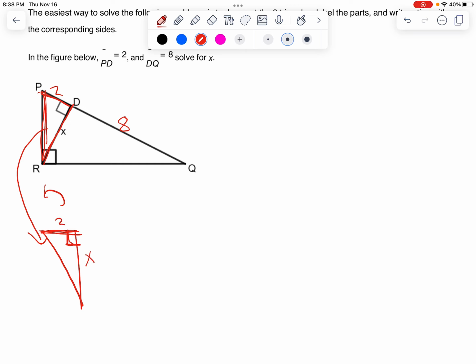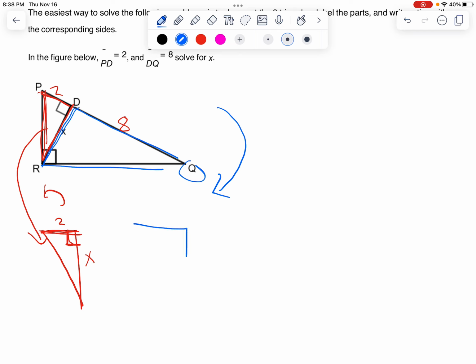Okay, now let's color this triangle here in blue. So I'm going to rotate this triangle this way so that the Q is on the bottom. So this letter Q is on the bottom.